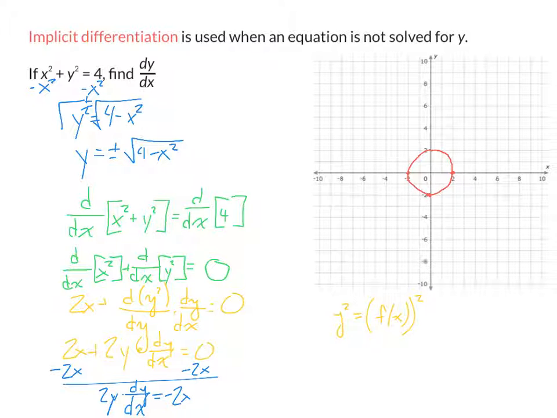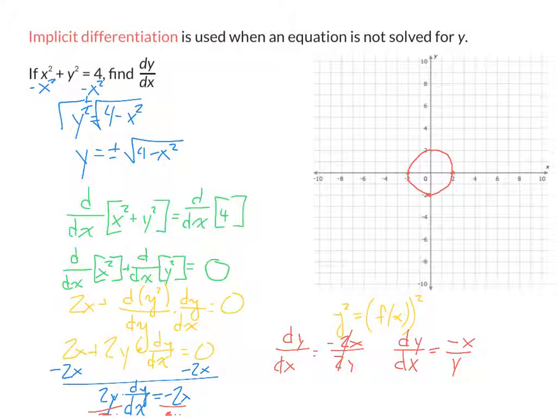When I divide both sides by 2y, so dy over dx equals negative 2x over 2y. Now the 2's will certainly cancel, and so dy over dx is equal to negative x over y.